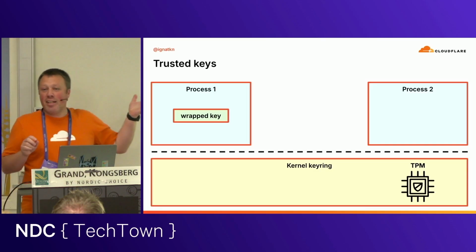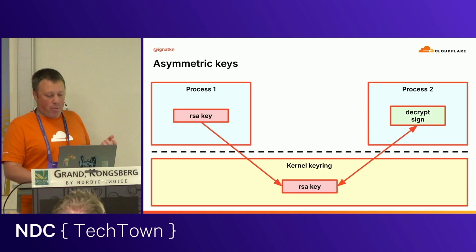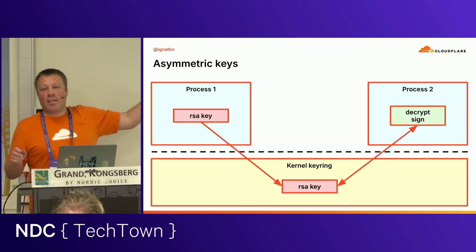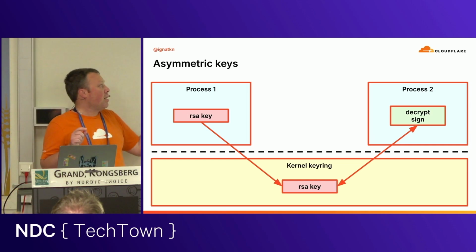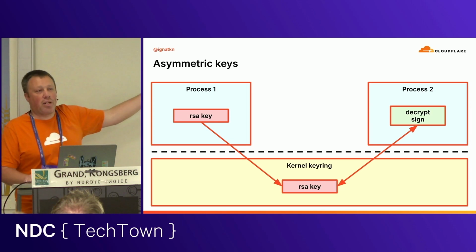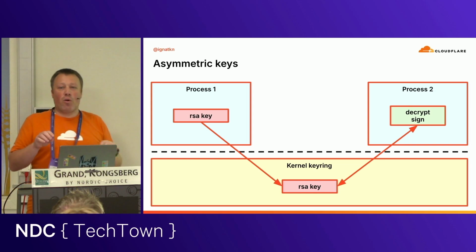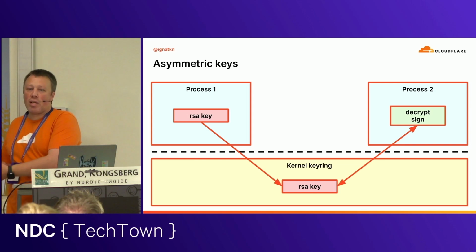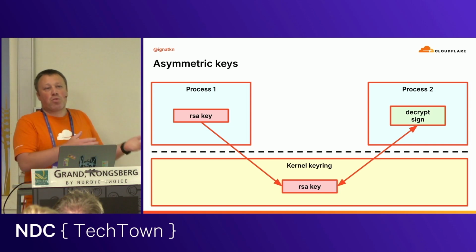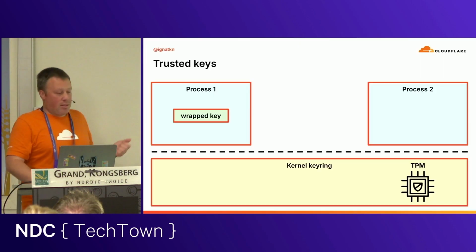There is another key type called a trusted key. The problem with all the previous key types is that there is still a moment in time where a plain text cryptographic key is present in some process's user address space. How can we ensure that the keys are only available in plain text in the kernel address space, but never in user space, since most code is compromised as a user space process? So we have a wrapped key.